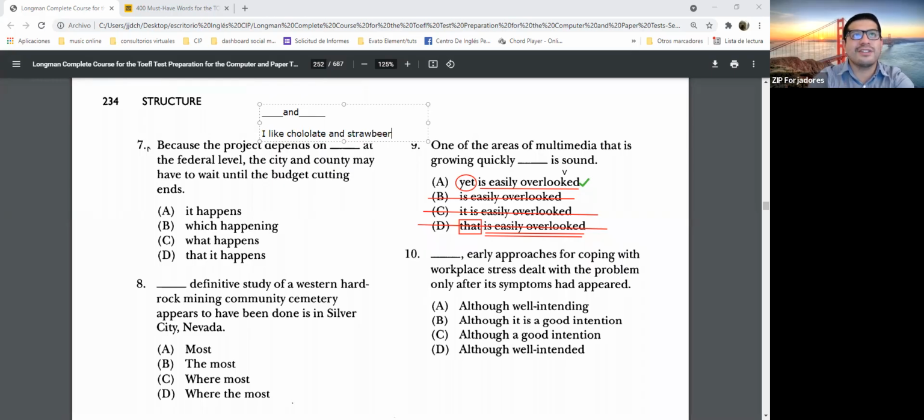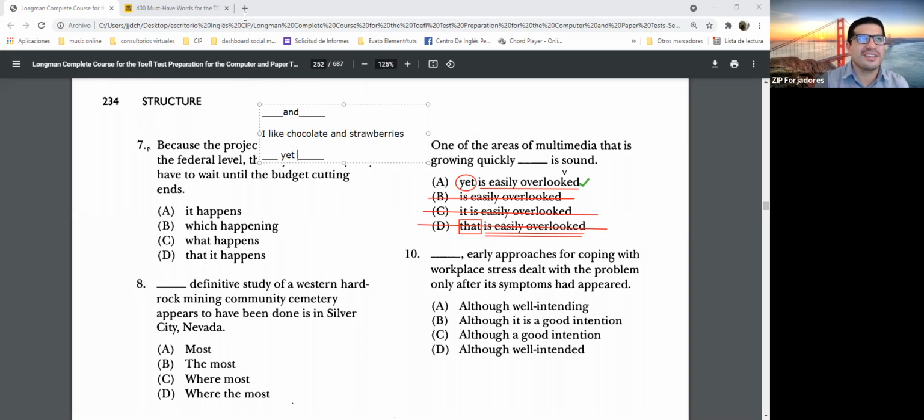This is a conjunction because it's joining two of the same structures: chocolate is a noun, strawberry is a noun. So the same with "yet". "Yet" is another conjunction, so we are going to have two of the same structures, "yet" and here. So let's see: "That is growing quickly yet is easily overlooked." This is the thing that I don't know.